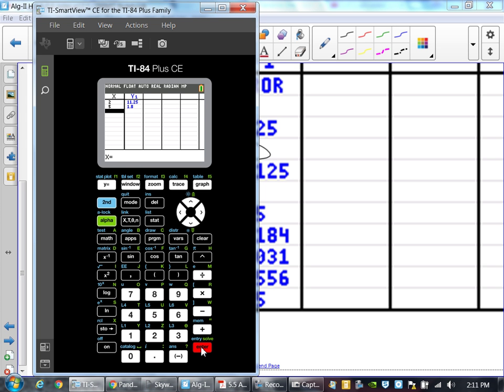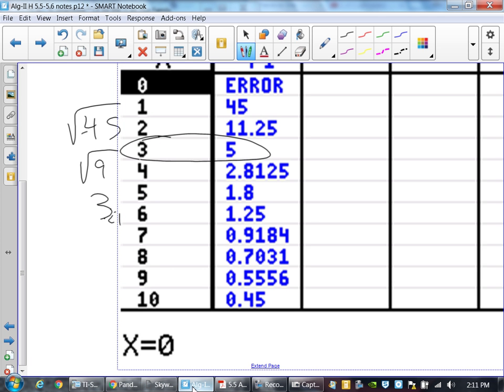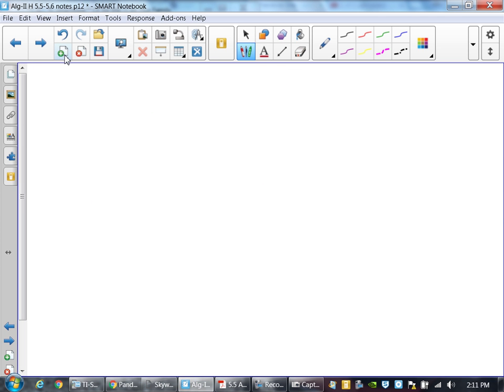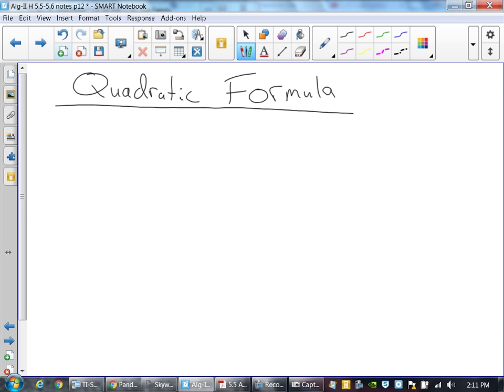Now, the other thing I wanted to show you was the quadratic formula. The quadratic formula is another means to simplify or to solve for your zeros for any quadratic equation.